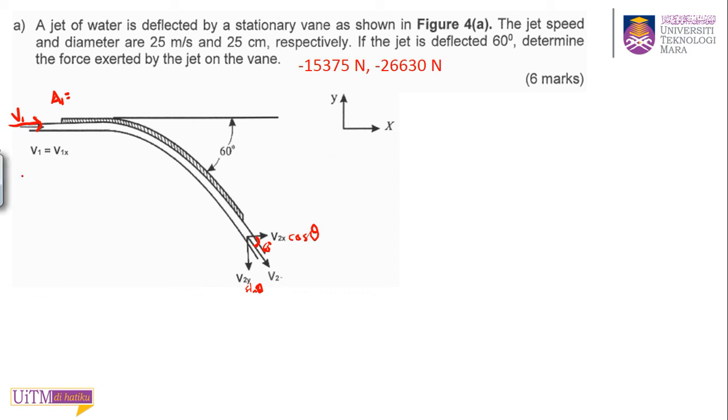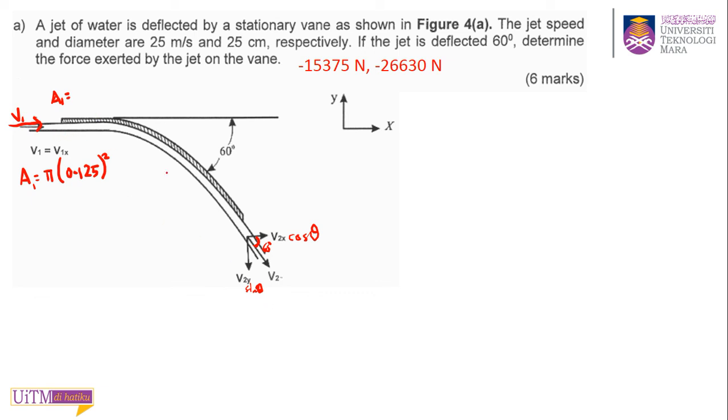Okay, you have A1, this one equal to pi times 25 bahagi 2, 12.5, so 0.125, squared. And okay, that's it.